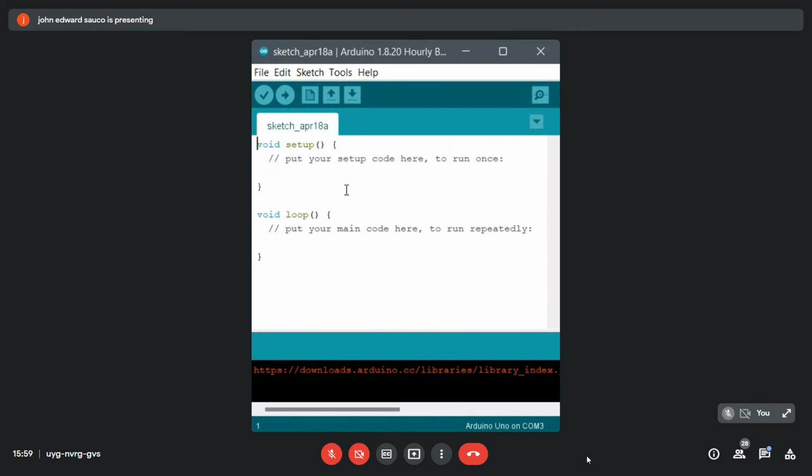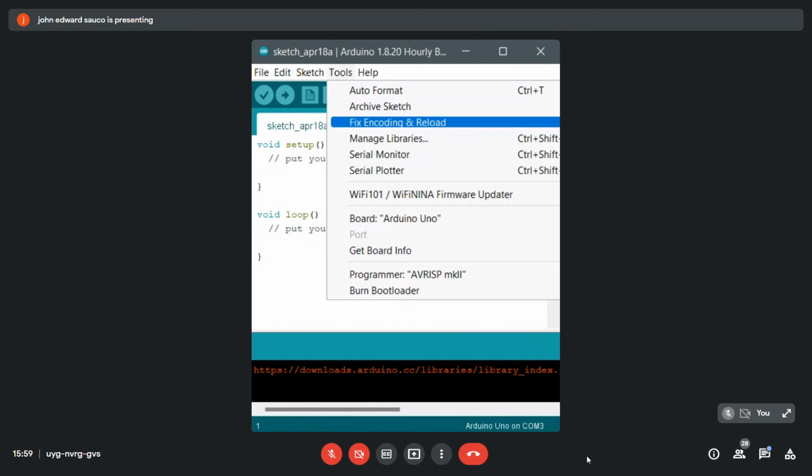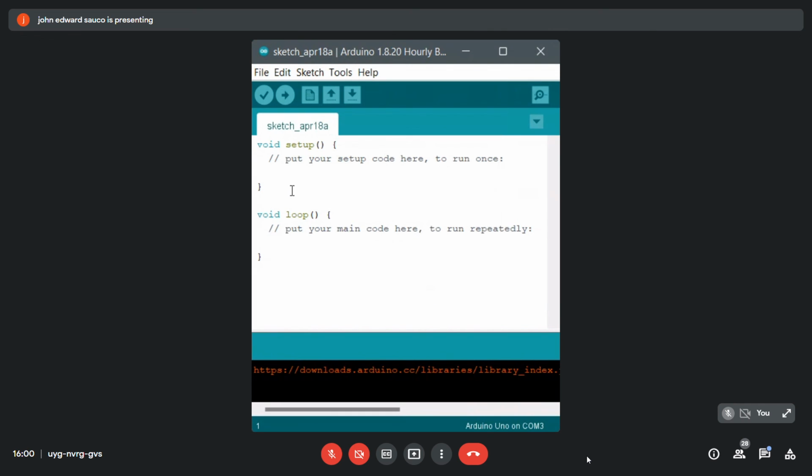So, pagsaksak nyo ng Arduino, punta lang kayo sa tools. Tingnan nyo kung anong Arduino yung gamit nyo. Okay? And then, lalabas dito sa port. Kakaroon ng highlight yan kung anong port yung nakasaksak na Arduino sa inyo. So, ma-detect nyo. Okay? And then, dito yung ating sketch na tinatawag, yung sulatan ng program.